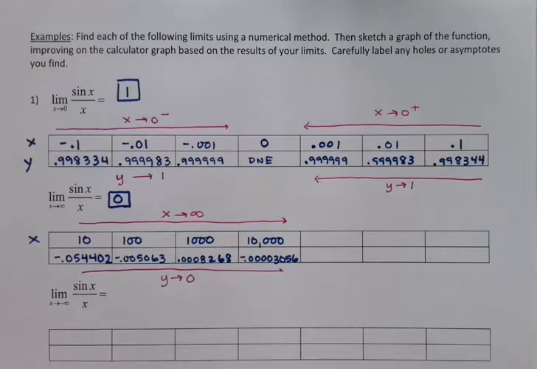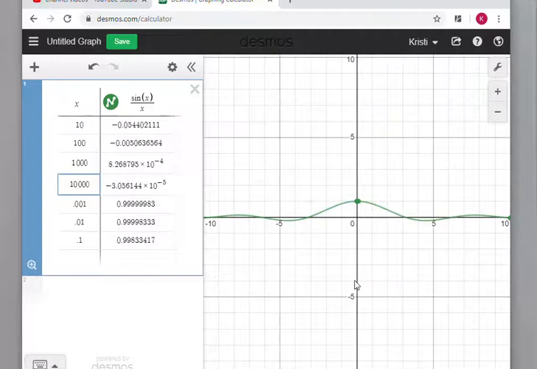So this time, oops, sorry, I didn't label my y here. My x values need to approach negative infinity, so I'll just go with negative 10, negative 100, negative 1,000, and so on. And I can go back to Desmos again and just throw some negatives in here.